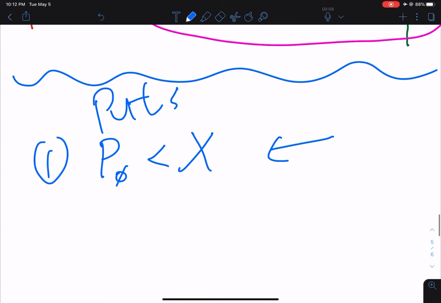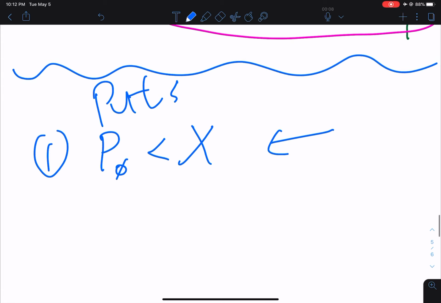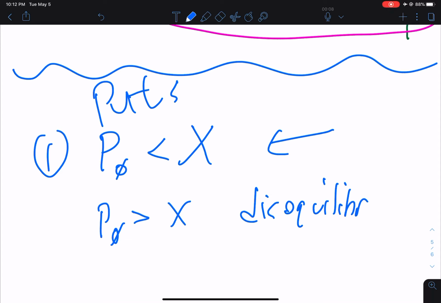Let's look at what happens. Well, the disequilibrium is when the price of the put is greater than its strike price. That's the disequilibrium. And so here we've identified the disequilibrium position.